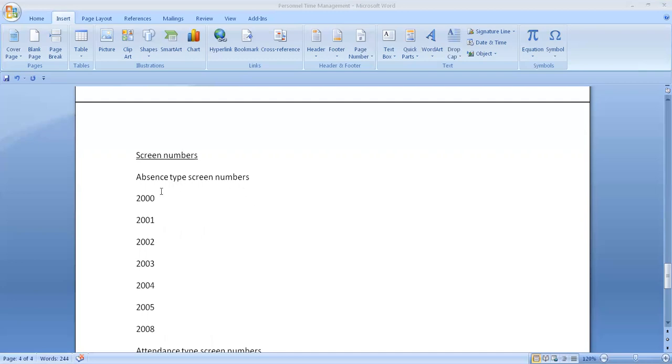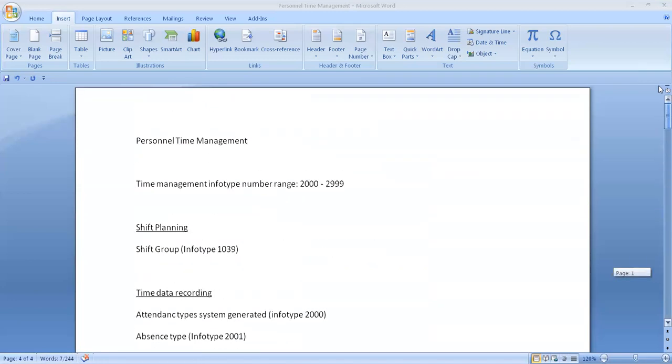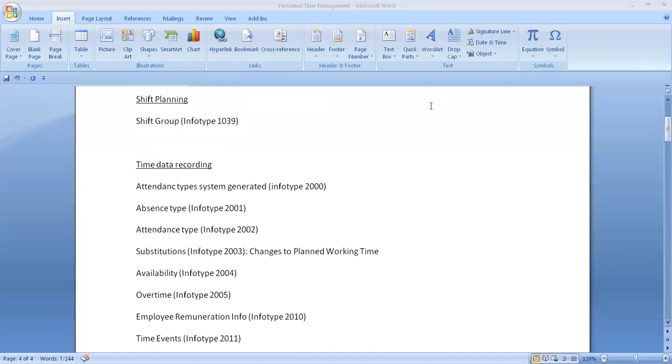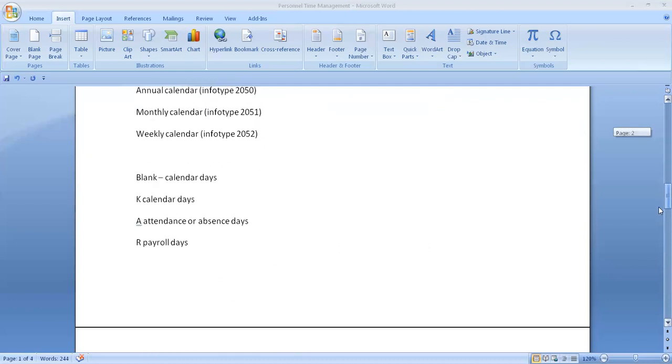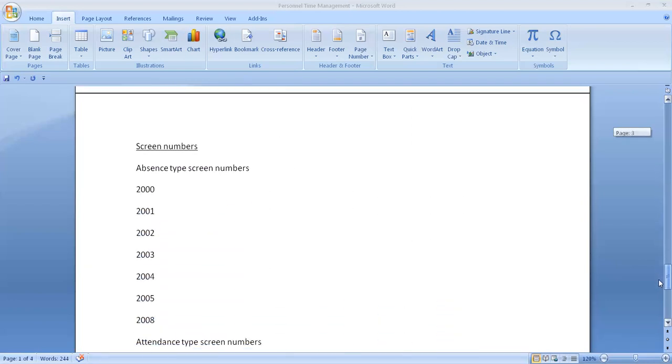These are not info types. Info types we have already discussed. 2001 is also an info type, 2000 is also an info type. This is also 2000, 2001, but they are not info types. They are screen numbers.